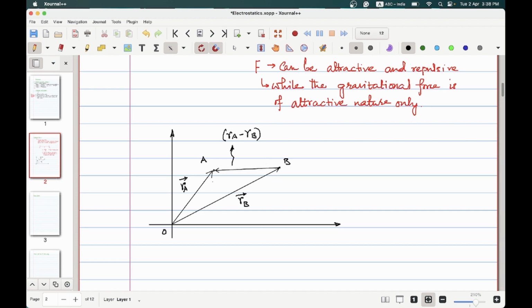Now if this is Q1 and this is Q2, and both Q1 is greater than 0 and Q2 is greater than 0, then the force acting on A due to B is given by K Q1 Q2 by modulus of R square.